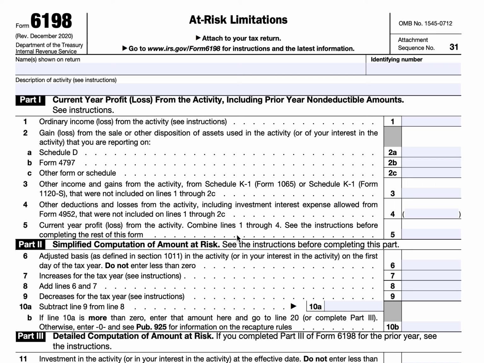So basically, if you have a loan that can be forgiven, and you don't have any collateral that can be taken away, then that's considered to be an amount not at risk. 2, cash, property, or borrowed amounts used in the activity that are protected against loss by a guarantee, a stop-loss agreement, or a similar arrangement.